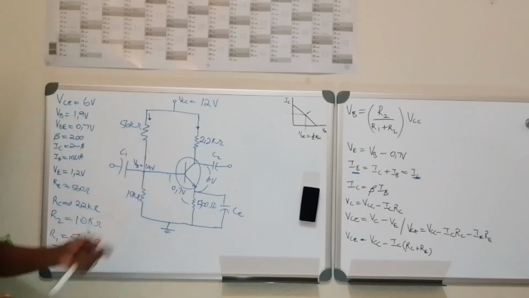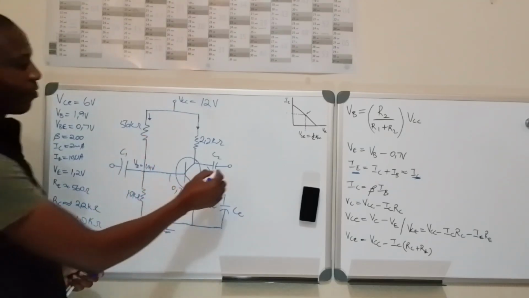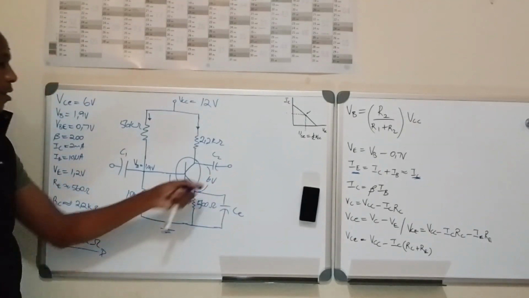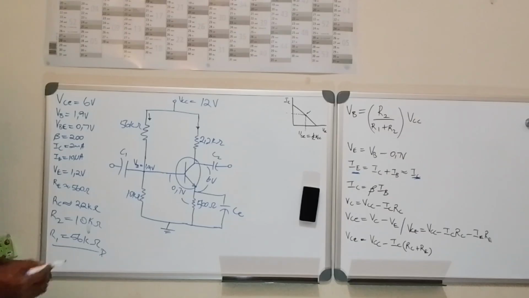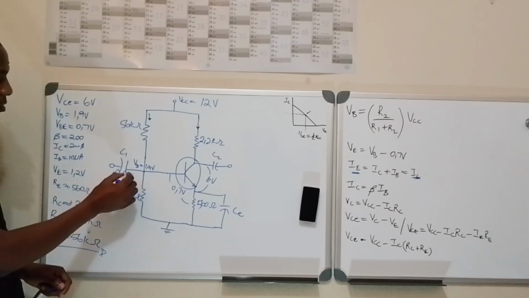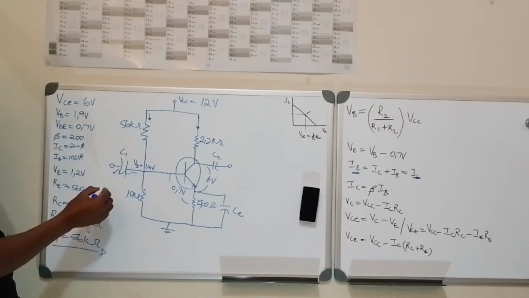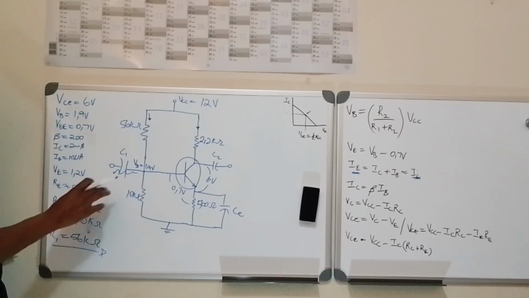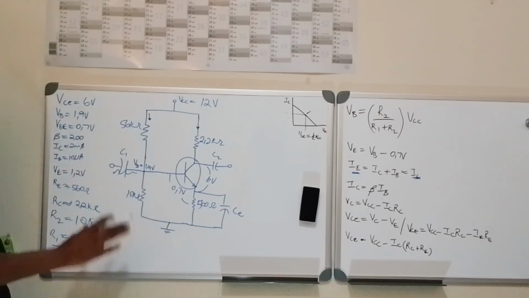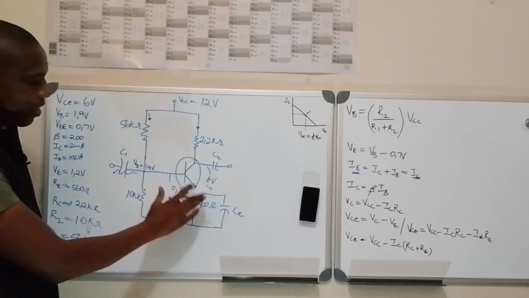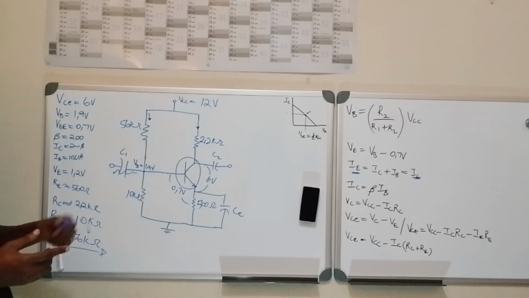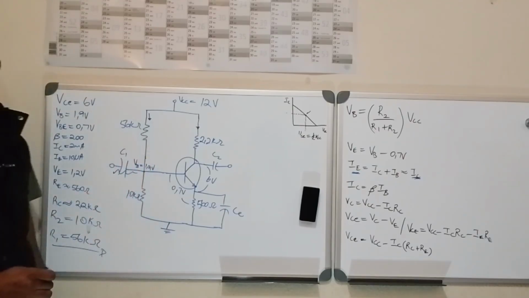They are just used to block DC, so that DC doesn't interfere with the output signal, and also the noise from the outside world. When you speak on the microphone, you must only allow the voices to pass, and then we block DC. Remember that a capacitor allows AC to pass and it blocks DC. The same thing this side and this side. This is how you bias a transistor.